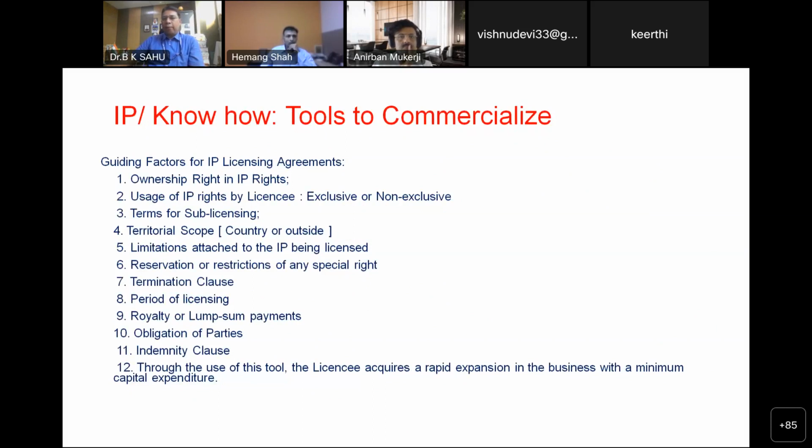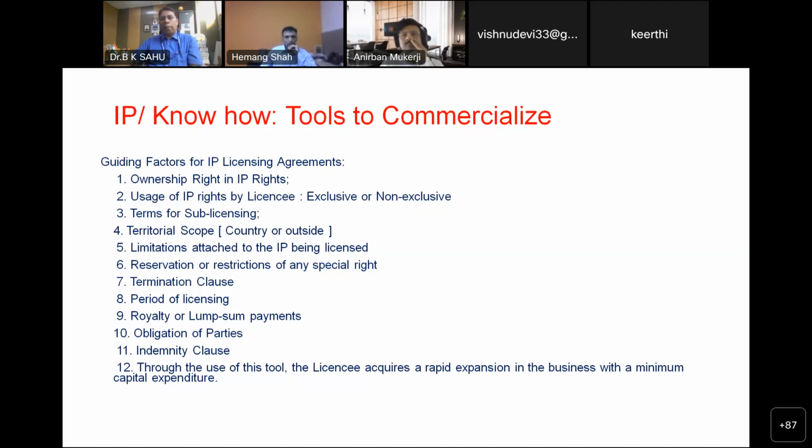There are many guiding factors for an IP licensing agreement: the ownership of the IP, uses of the IP, terms of sub-licensing, territorial scope, limitations attached to the IP being licensed, reservation or restriction of any special right, termination clause, period of licensing, royalty and lump sum premium.